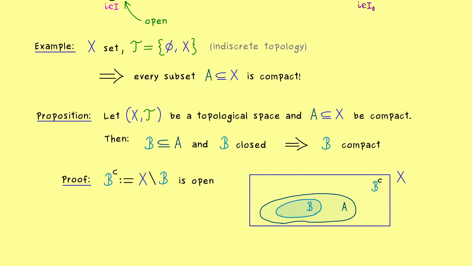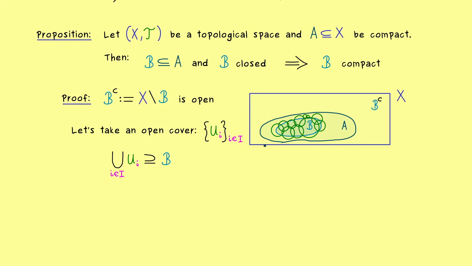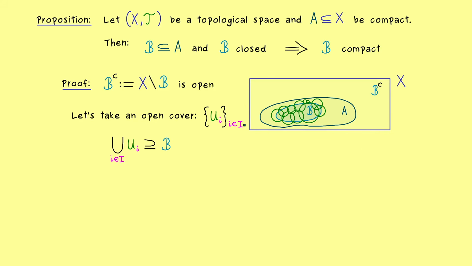And to do that, we have to cover B with open sets. In general, these could be infinitely many, and then the question is, can we omit some and still cover the whole set B? Here we will call the open sets U_i with an index set I. And then we simply want that the union over the U_i is a superset of B. So this is an open cover for our set B. And now the question is, can we make it into an open cover for the set A as well?